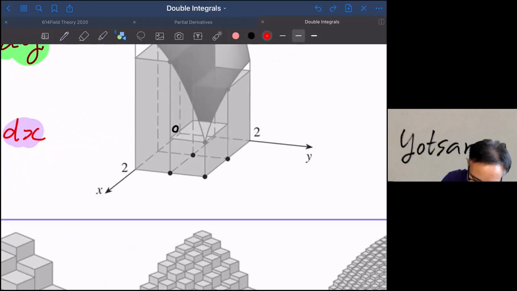I need to draw on my own. This one is for x and this one is for my y. Sorry, the red one is for y and the pink one is for my x. So it's x between 0 and 2 and y between 0 and 2 as well, as you can see from this picture.